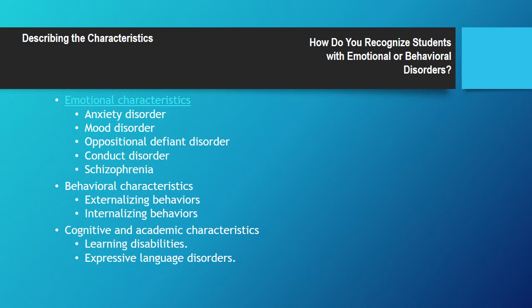Behavioral characteristics can be externalizing behavior and internalizing behavior. We have already covered that. Regarding cognitive and academic characteristics, more than half of the students also tend to have learning disabilities when they have EBD, and most have receptive or expressive language disorders as well.